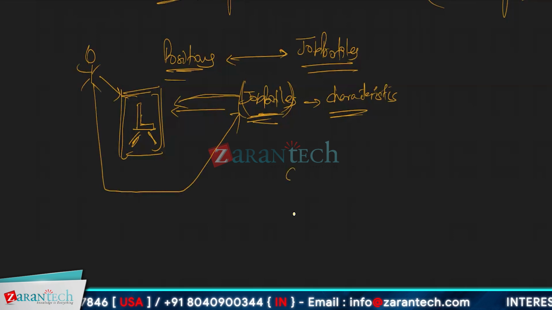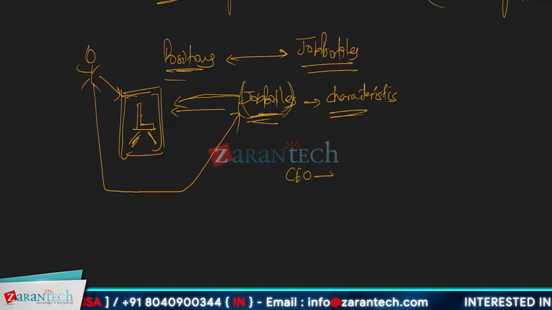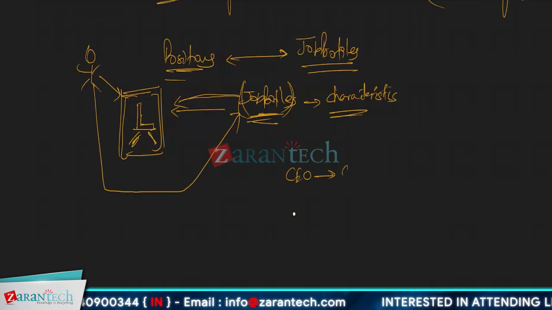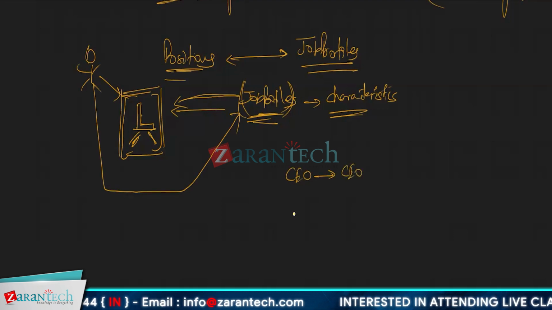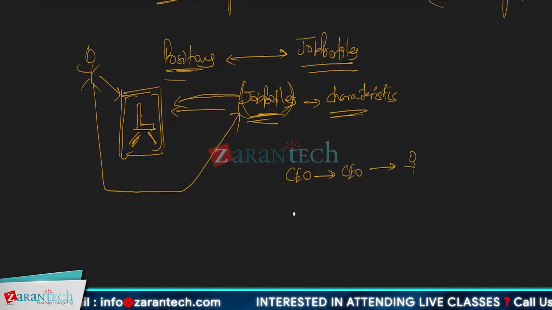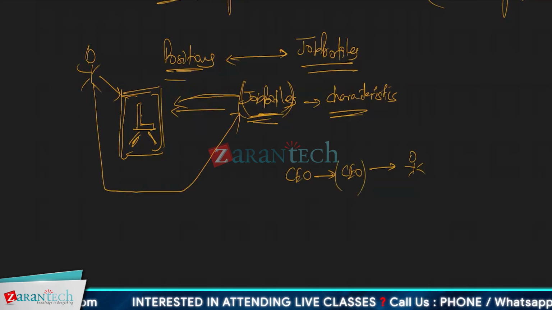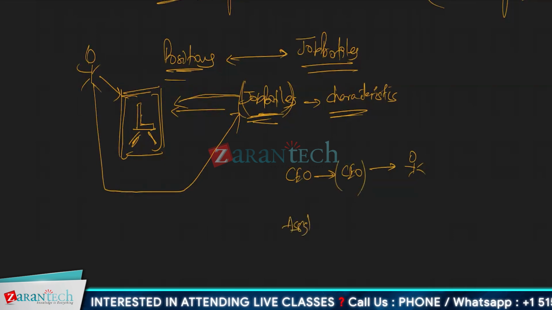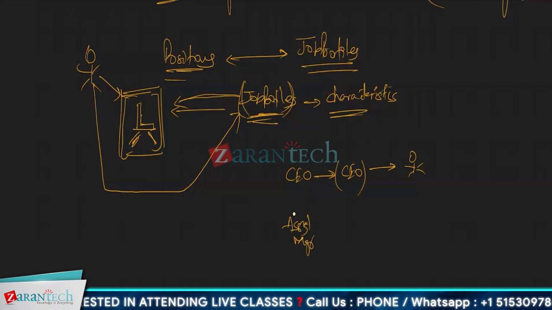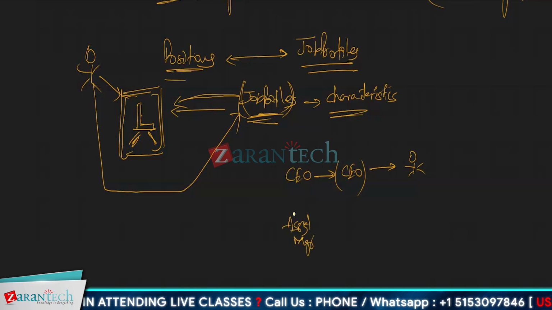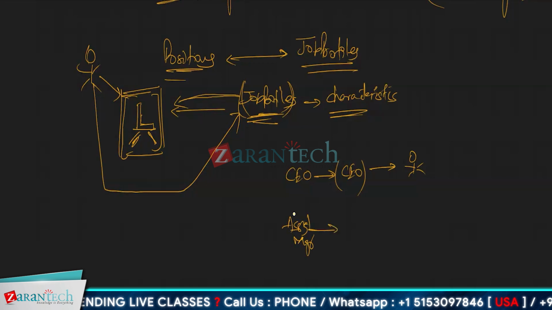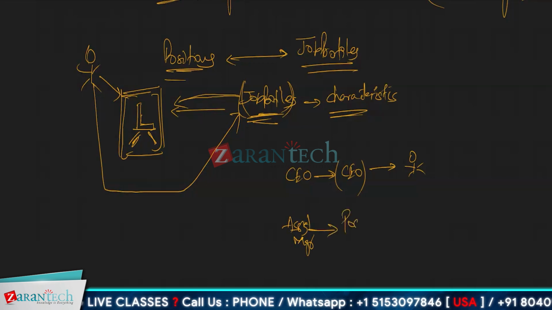If it's a CEO position, then you will assign that position the job profile of CEO, and the person who is assigned to that position will take up the roles and responsibilities of a CEO. Suppose you create a job profile called assistant manager and assign it to a position.